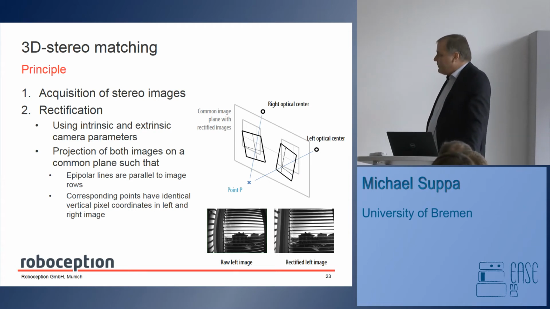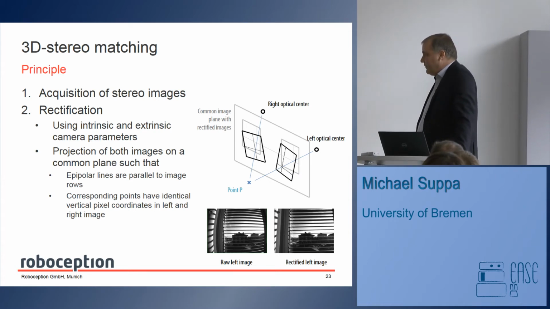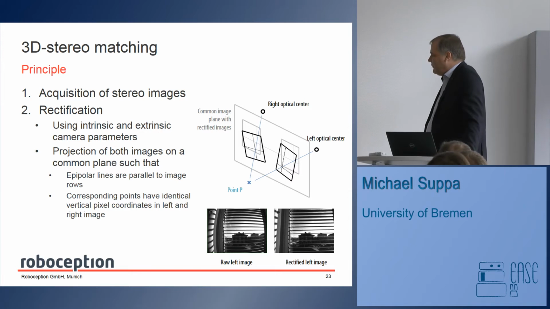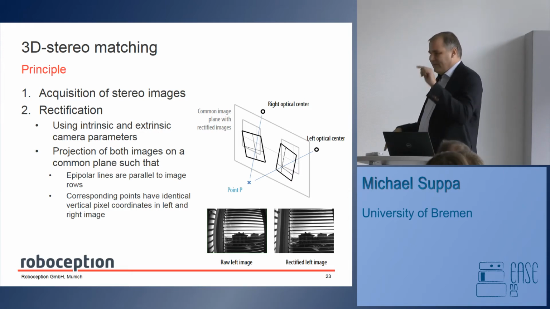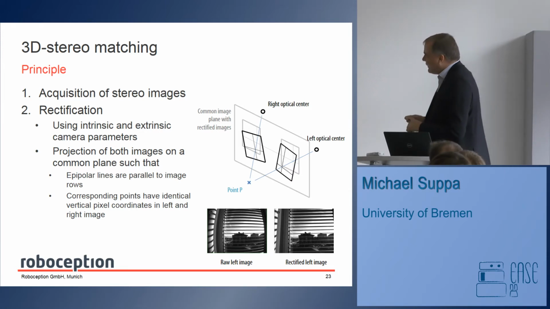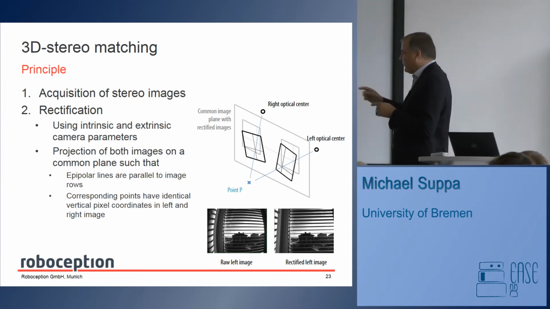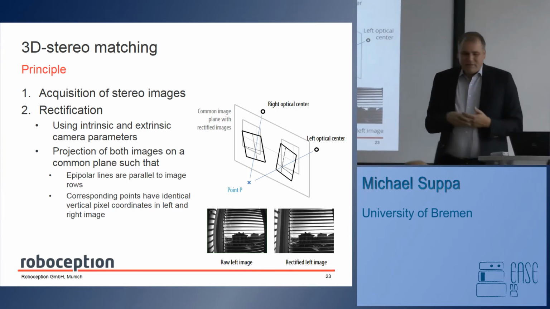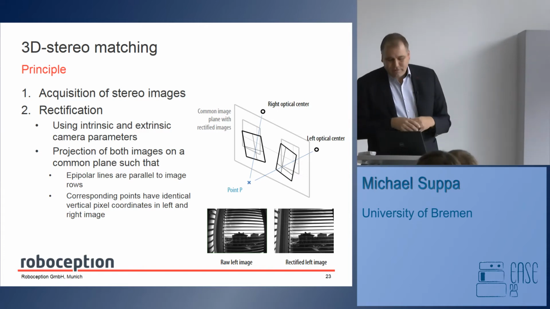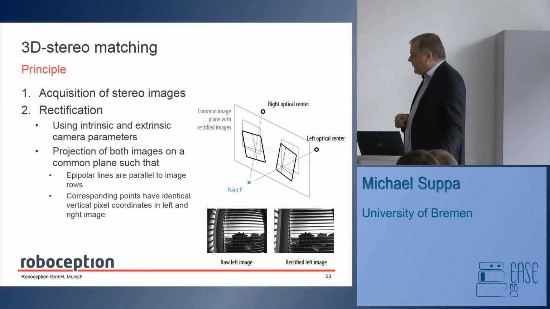Then comes the projection of both images onto a common plane, and then you have epipolar lines. That is basically when you have a rectified camera image: whenever you look for something in the left camera, you find it on the epipolar line in the right camera. That helps a lot to reduce the search for the right points.